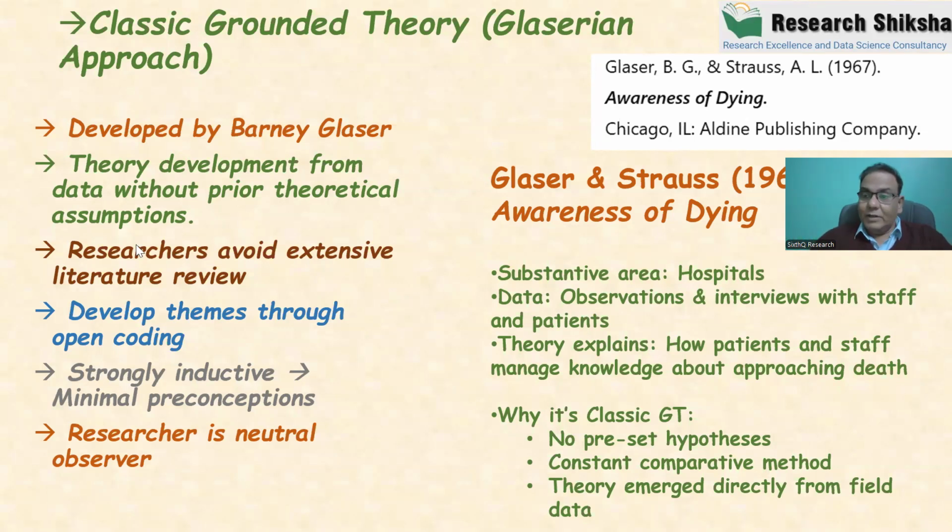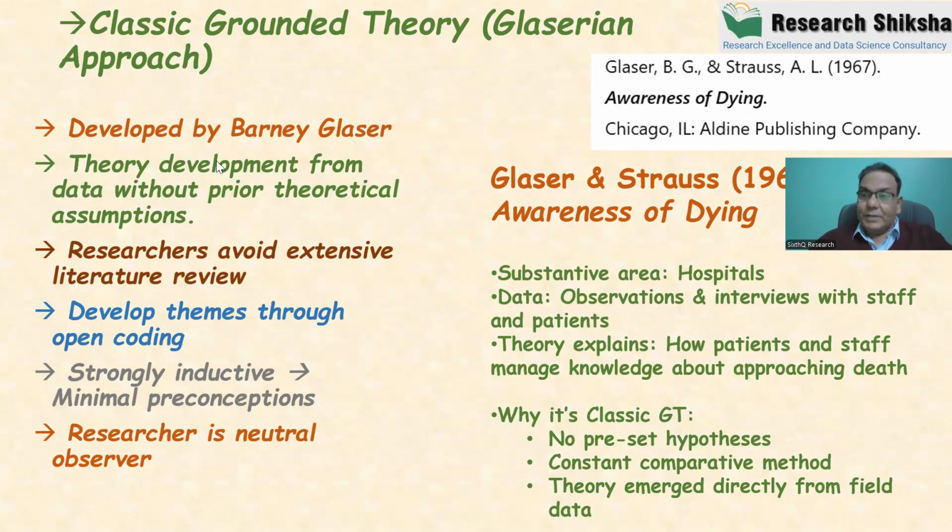So whenever you are conducting an entirely new study where there is no literature review, where the theory purely depends upon the data, it is strongly inductive, and the theory is developed from the themes coming from open coding. Open coding means whatever data you have, you identify the important keywords, phrases and sentences, and on the basis of that, you develop the theory.